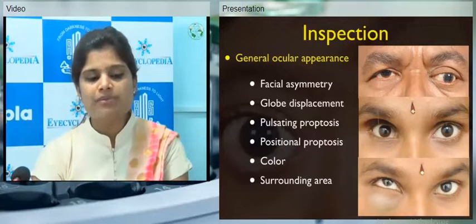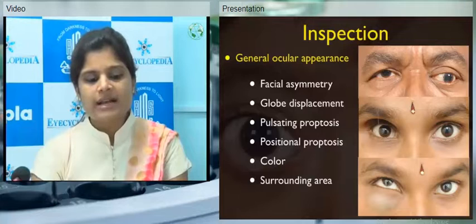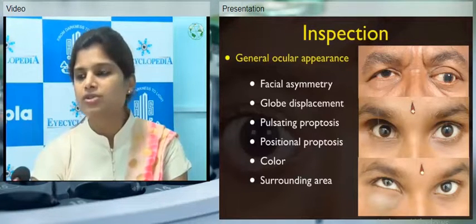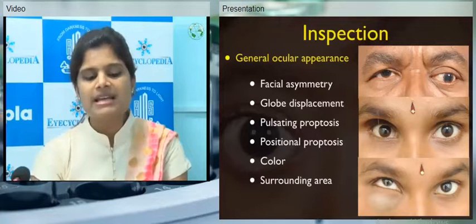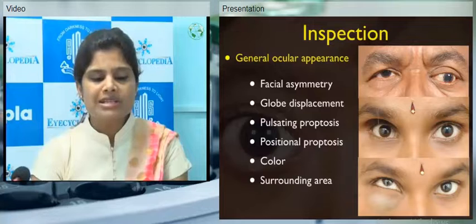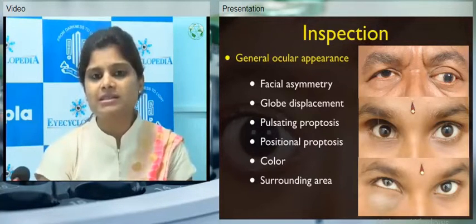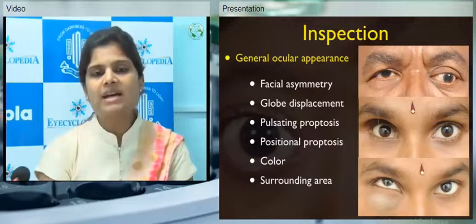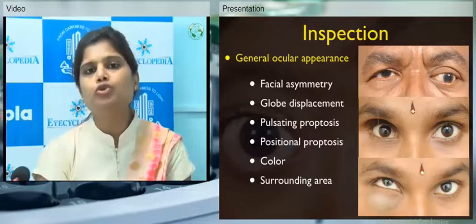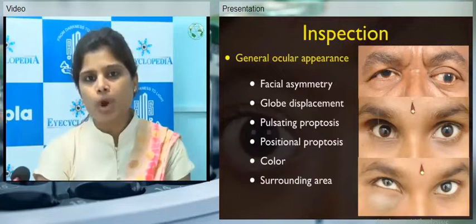As you can see, before the Valsalva maneuver the patient actually has enophthalmos on that side, and after the Valsalva maneuver the patient now has proptosis and swelling in the lower eyelid area. Most of the time, these patients who have orbital varices come with the complaint that whenever they bend down to do certain work, their eyeball becomes more prominent.